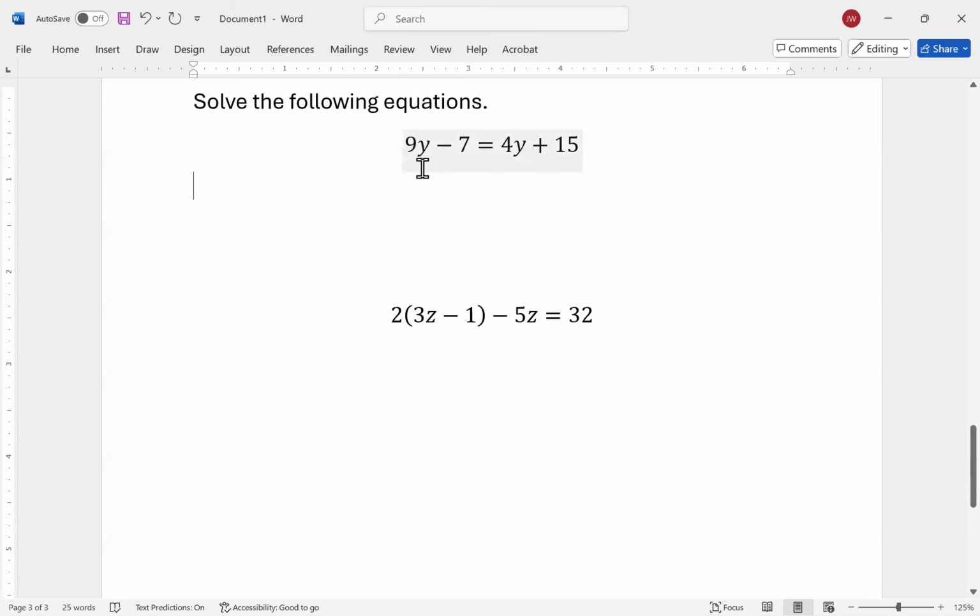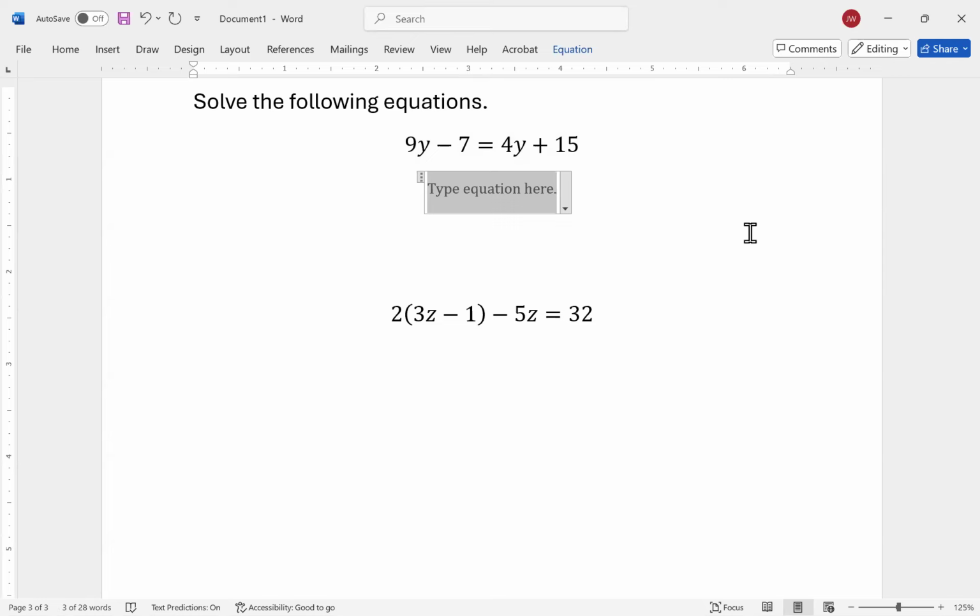All right, in this first equation, the one that involves y, the left-hand side is as simple as I can make it. The right-hand side is as simple as I can make it. So what I would do is get the y terms on the left-hand side of the equation by subtracting 4y from both sides.